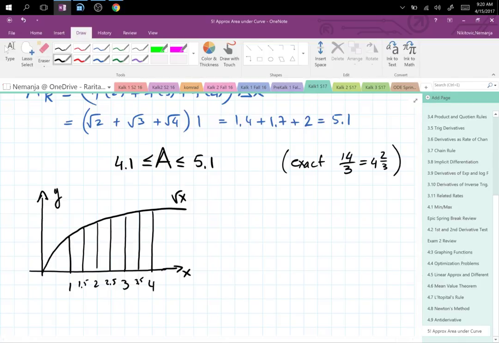I doubled the amount of rectangles, and now when I draw this horizontal left hand, this portion on top, which I'm going to color red, which is error, is now smaller than the error we had earlier.